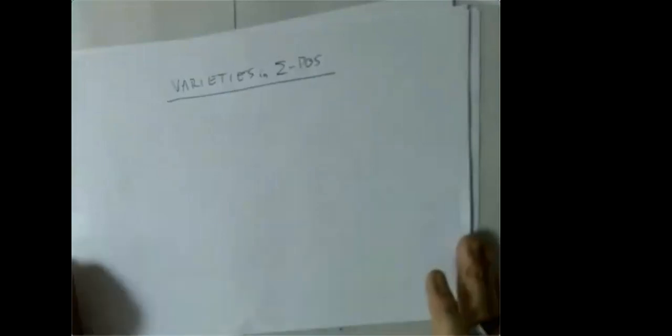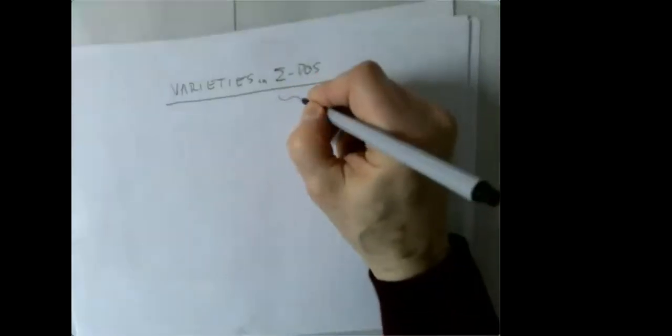Your signature is a bunch of operations with natural numbers as arities. And this category has as objects posets with monotone operations and as morphisms, homomorphisms preserving these operations. And a typical variety.